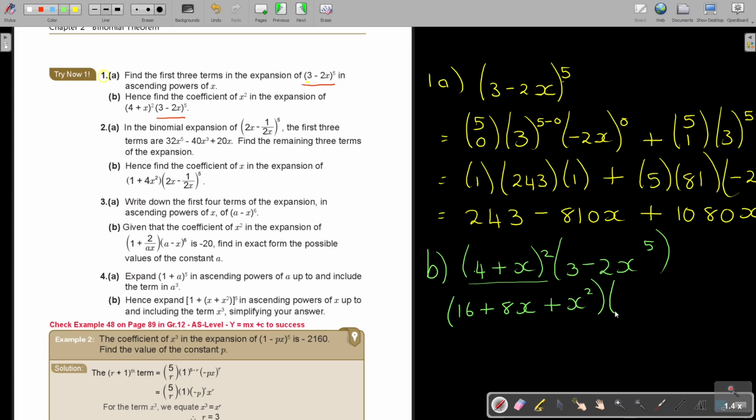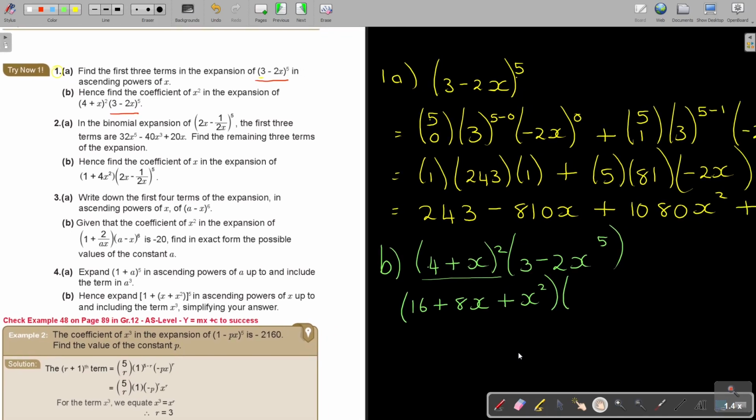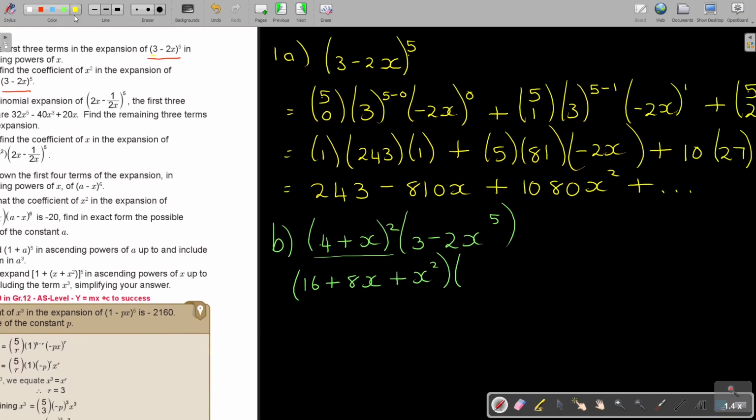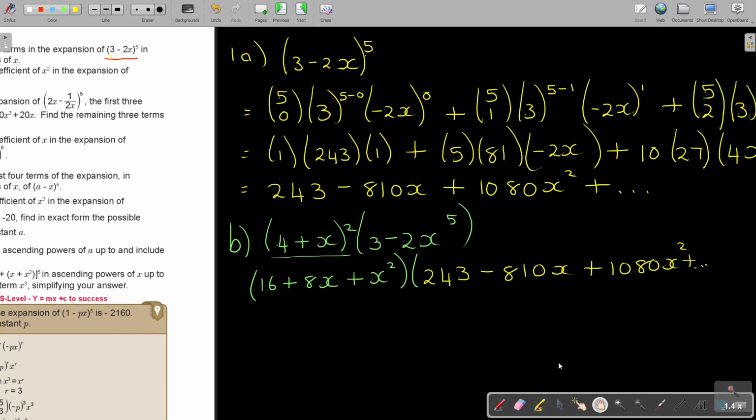And now I have these first 3 terms, and I'm going to even change the color here. So it's 243. So they actually helped you by showing you don't need more than 3. Sometimes they're not so nice and you have to put in a little bit more thinking. But for this, they were nice.